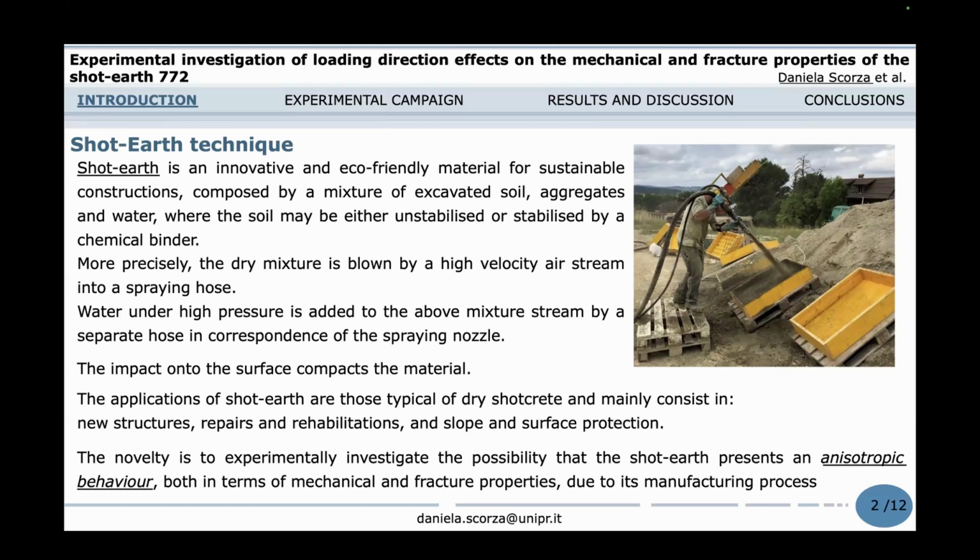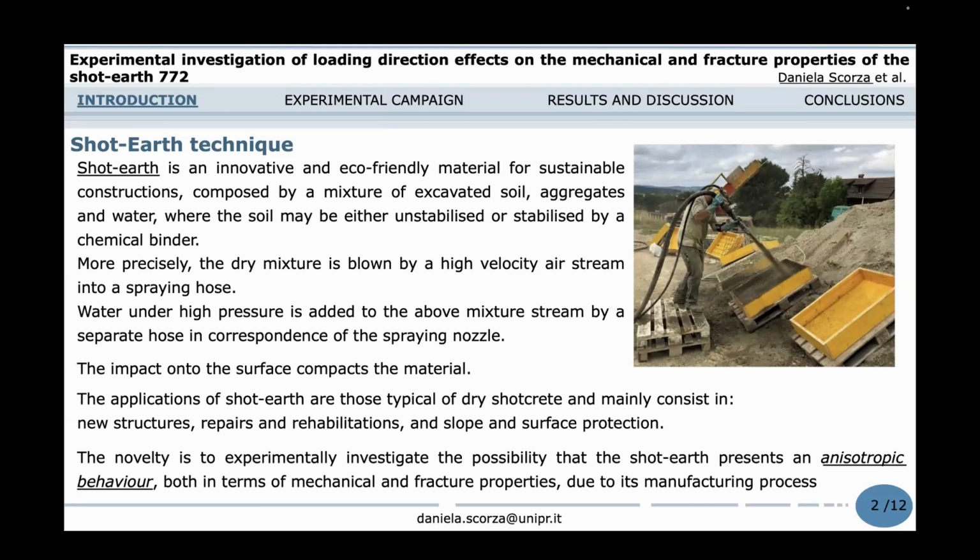More precisely, the dry mixture is blown by a high-velocity airstream into a spraying hose and mixed with water under high pressure in correspondence of the spraying nozzle. The impact onto the surface compacts the material.